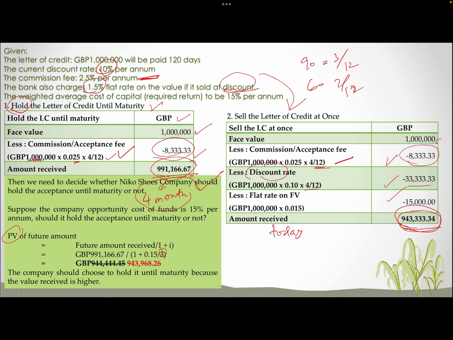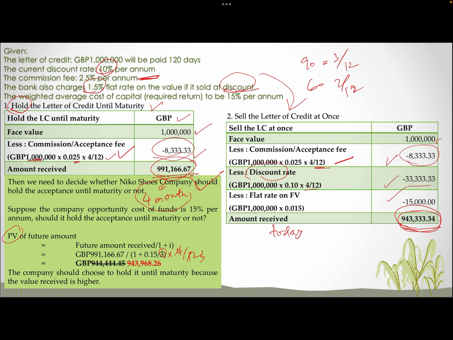Why do we divide by 3? Because it is 4 months, 4 over 12, or you can just multiply by 4 over 12, similar to dividing by 3. If we calculate here, the present value is 943,968.26.